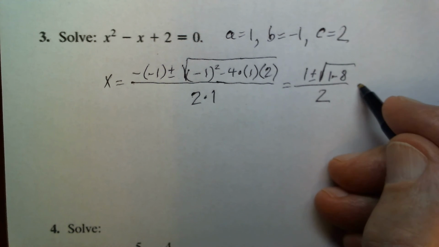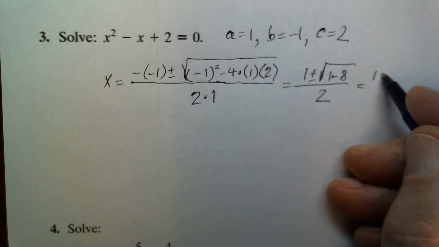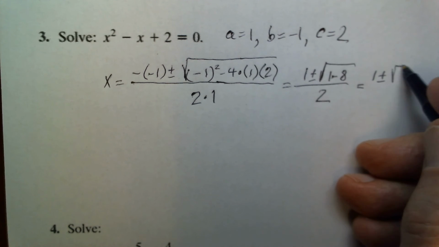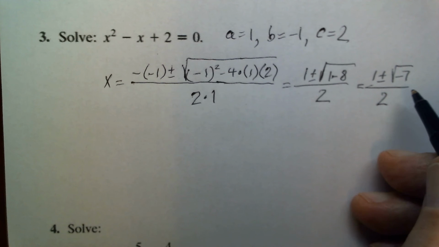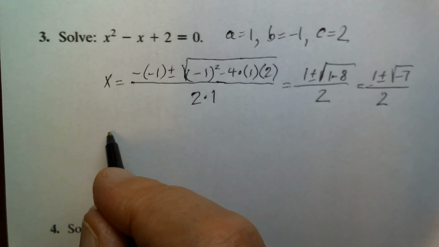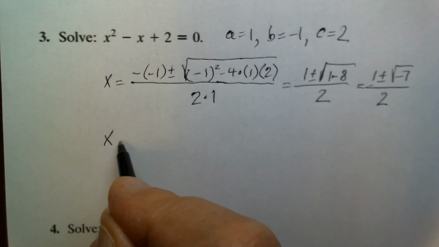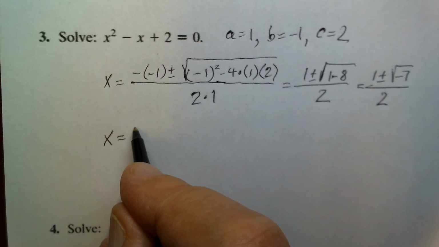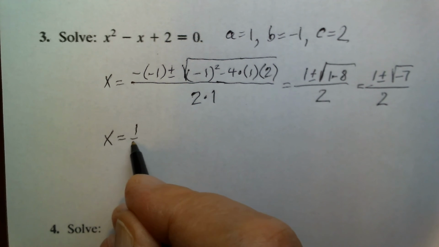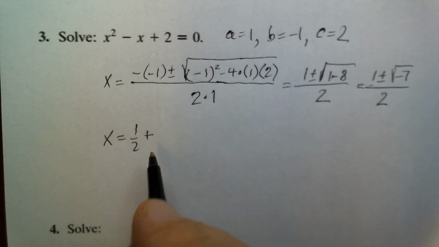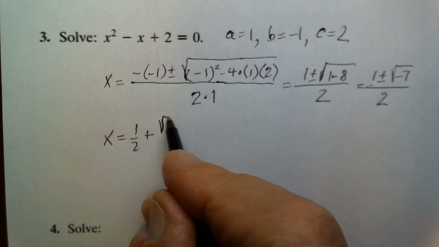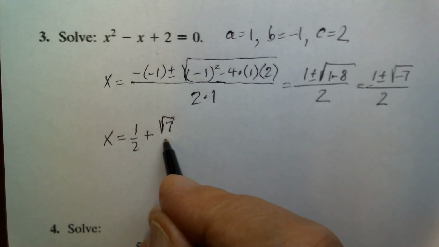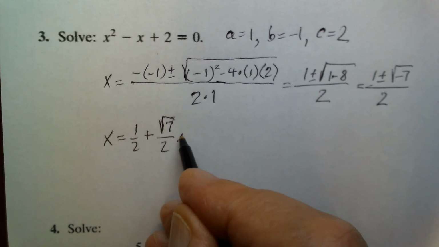So this is equal to 1 plus or minus the square root of minus 7 divided by 2. So in other words, we have the solutions x equals 1/2 plus the square root of minus 7, which is square root of 7 times i, divided by 2 times i.